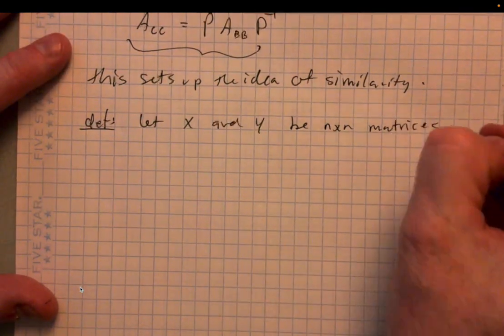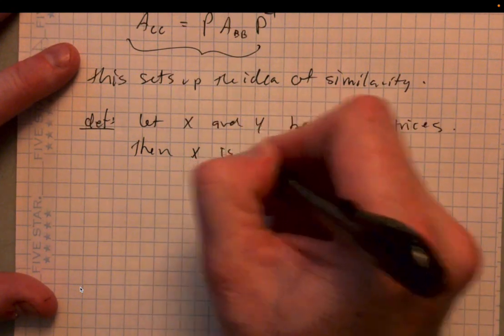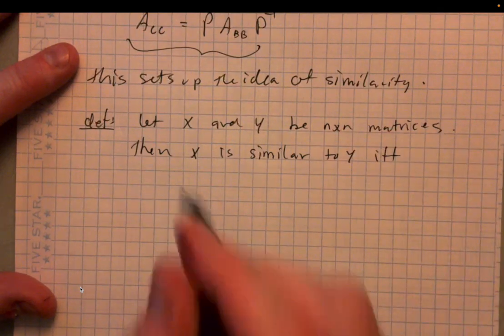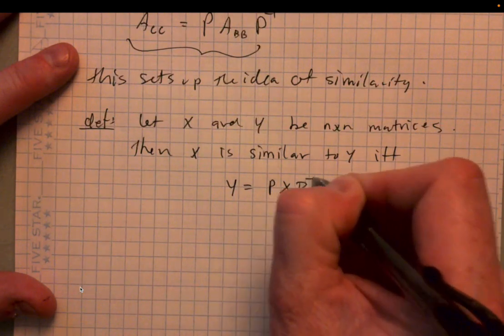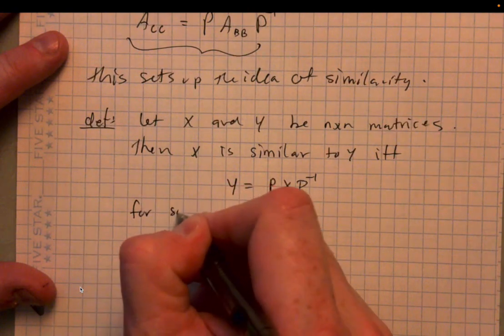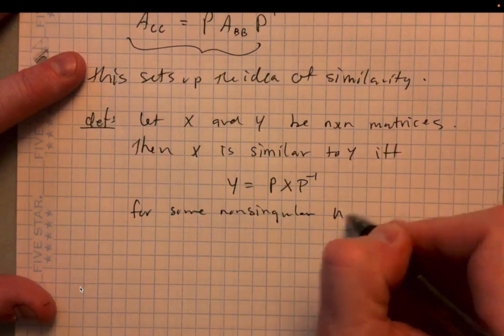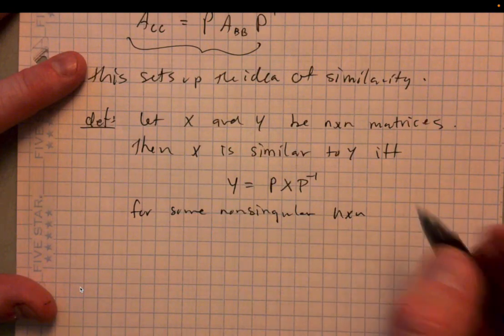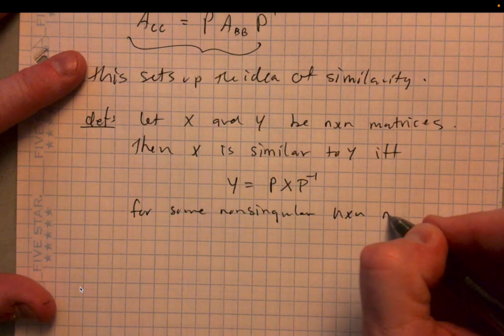Then X is similar to Y if and only if Y equals P times X times P inverse for some non-singular n by n matrix P, n by n because X and Y are both n by n.